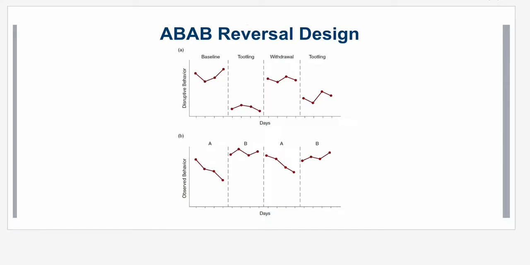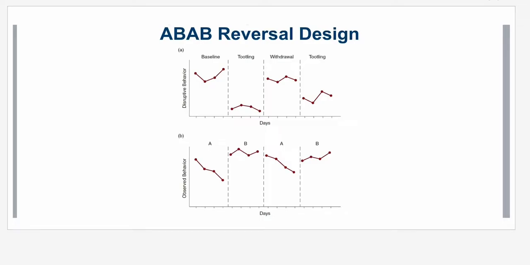But whenever the treatment B is introduced, it stabilizes. It goes into a stable level instead of a downward trend. So maybe these are scores on a depression inventory or something like that, and so they're getting more and more depressed in the baseline, right?